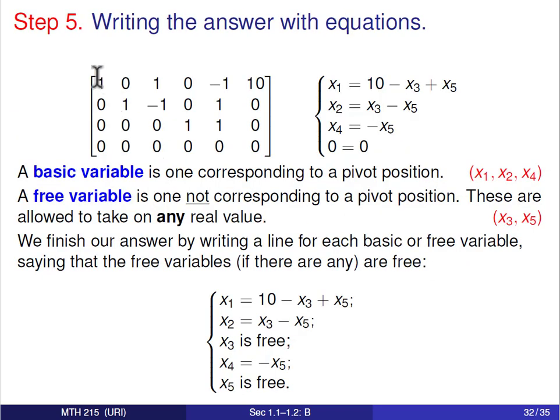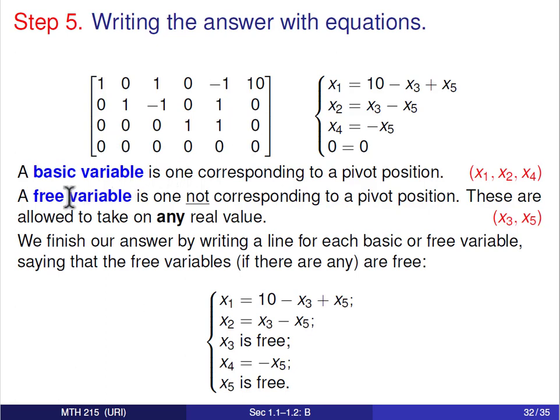If I were to write these equations in step 4 in terms of just equations, if I were to read that first row of the matrix, I would see 1x1 plus x3 minus x5 is equal to 10. And I would see x2 minus x3 plus x5 is equal to 0. And x4 plus x5 is equal to 0.